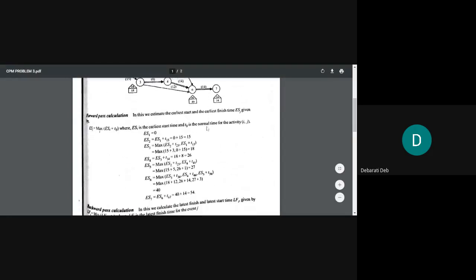What will you write in ES6? Please tell me. ES6 equals to, tell me. Priyanka, tell me.